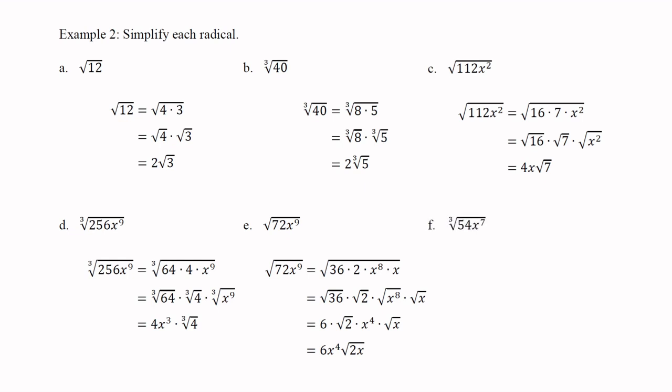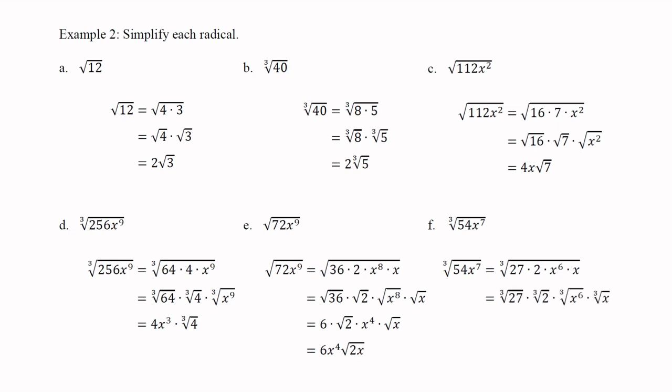For f, we have a cube root of 54x to the 7th. Find a perfect cube that goes into 54, and that would be 27. And then 3 goes evenly into 6, so we're going to split up our x to the 7th into x to the 6th times x.